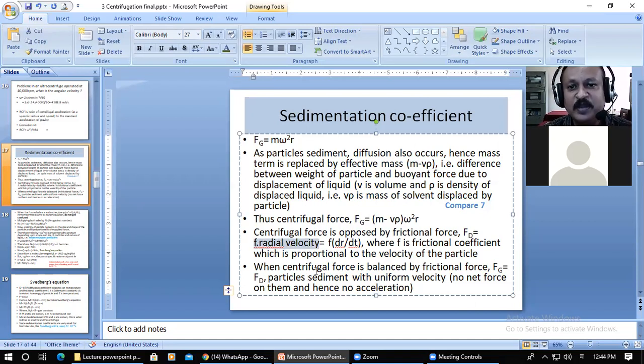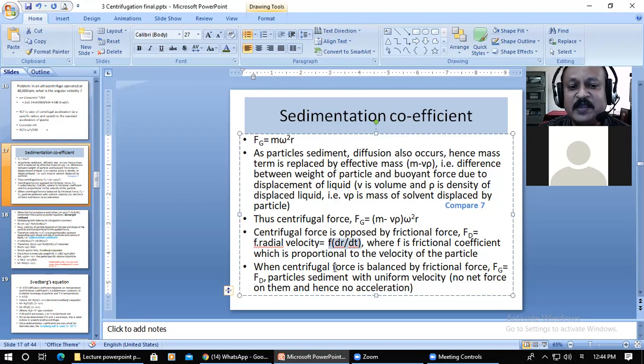If the radial velocity is more, that is if the rpm is more, then the frictional force also will be more. This term f multiplied by radial velocity can also be written as f multiplied by dr by dt.